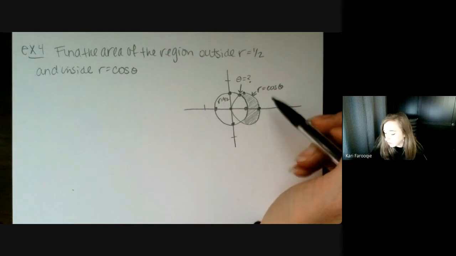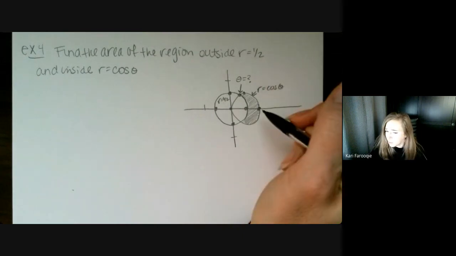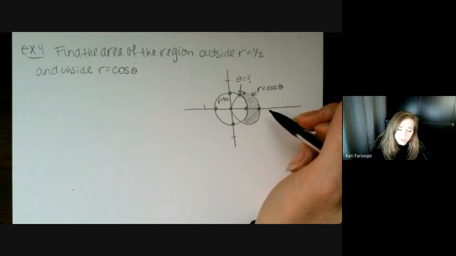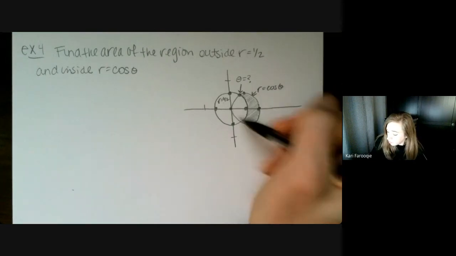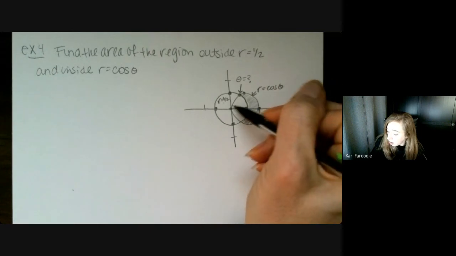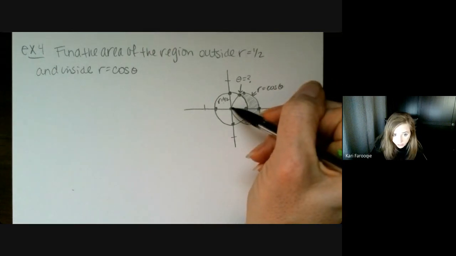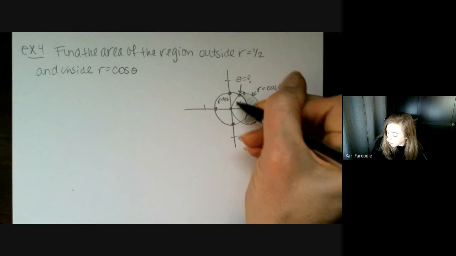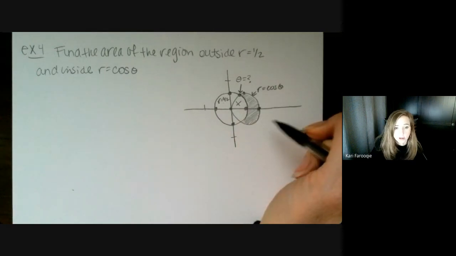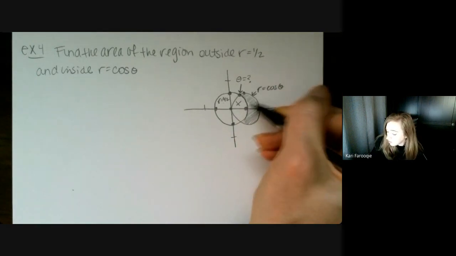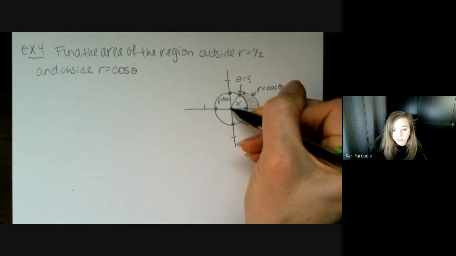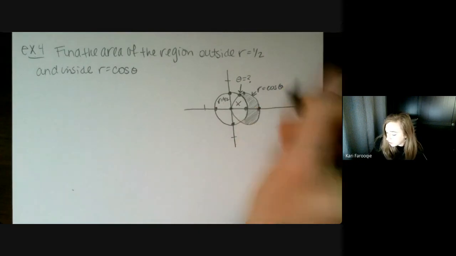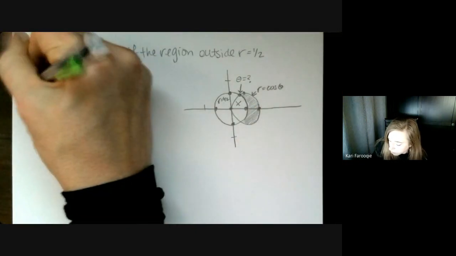We're going to focus on finding the area of r equals cosine theta and taking off the area that's on the inside. I just want this area that's shaded minus the area that's inside of it. So that's the plan.